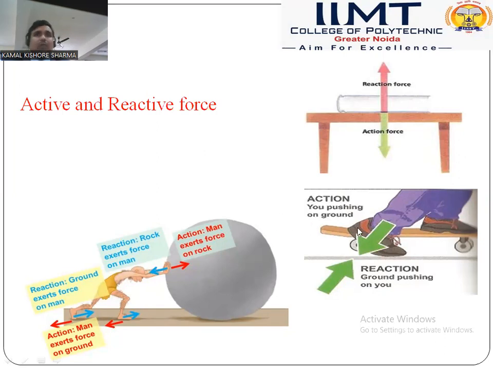Here you can see, if you are pushing, so you have to take support by the ground, and if you move a rock, so you can also exert force on ground.